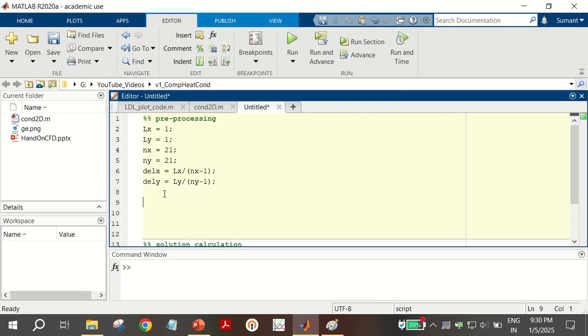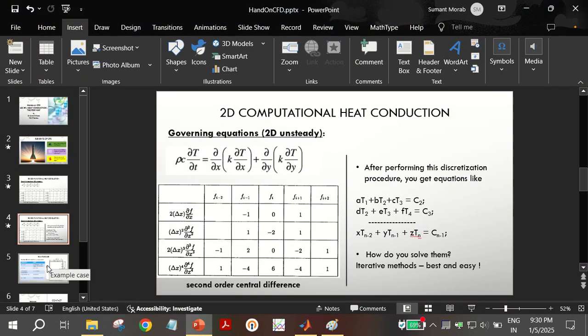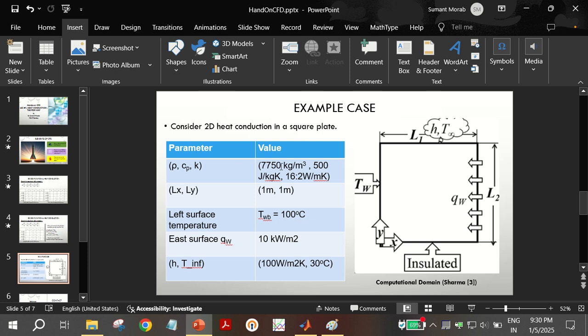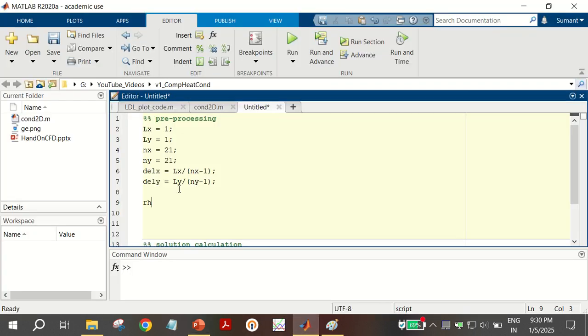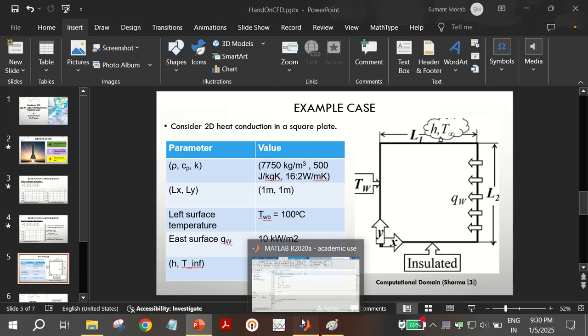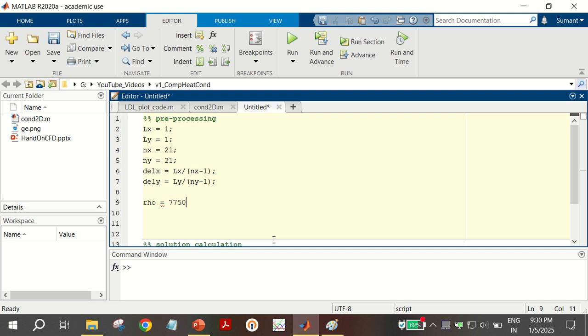For that I might need the physical properties of the system, which are again given in this particular slide: rho, cp and k. Let me pull this up. Rho is equal to 7750, and cp value is 500, I guess, and k is 16.2.